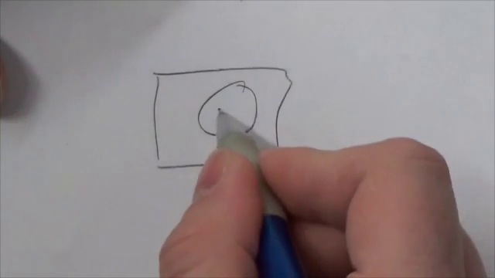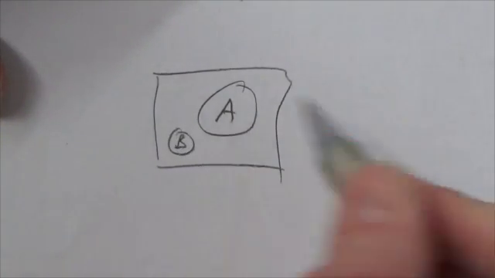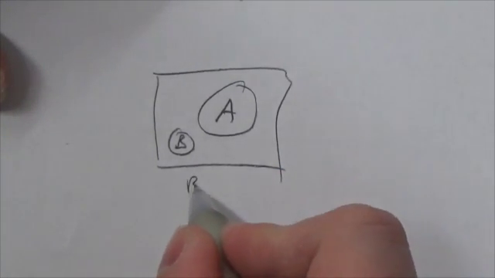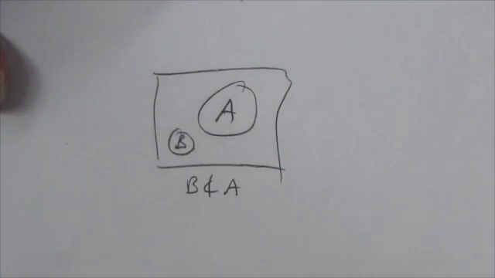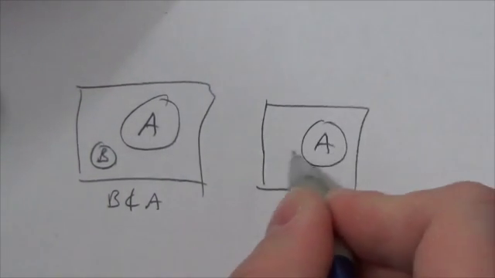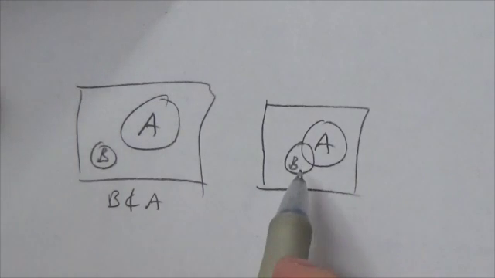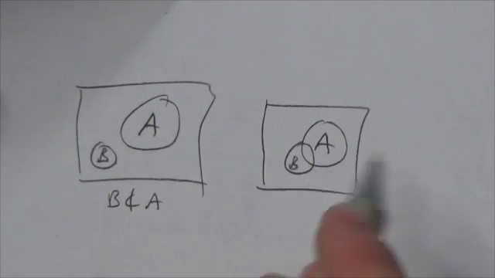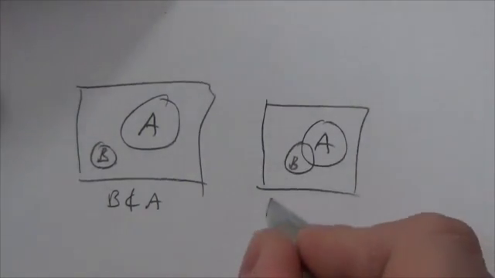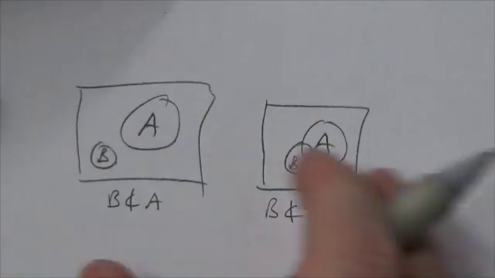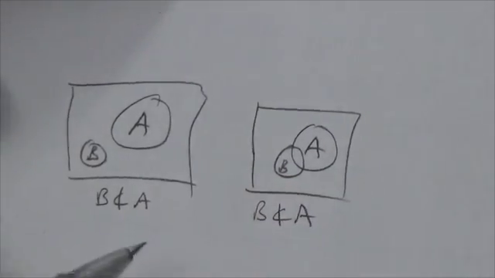Here's A, here's B. Well, B is not inside set A, so B is not a subset of A. But additionally, you might draw something like this. Here's A, here's B. Now, B is partially in A, but because it's not all in A, you would say B is not a subset of A. In fact, the word that we give for that would be intersecting sets.